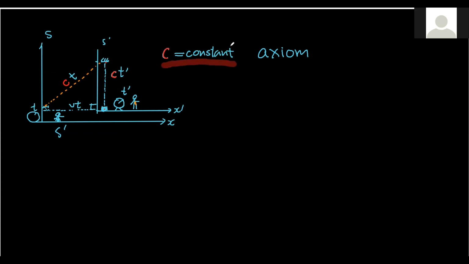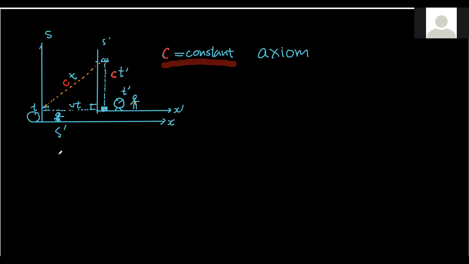Now, perhaps you can help me. How do we find the relation between T, the time used by this guy, and the T prime used by this guy? Can we find it from this right angle triangle? Using Pythagoras, maybe. Yes, that's the Pythagoras theorem. Can you write something from your side?